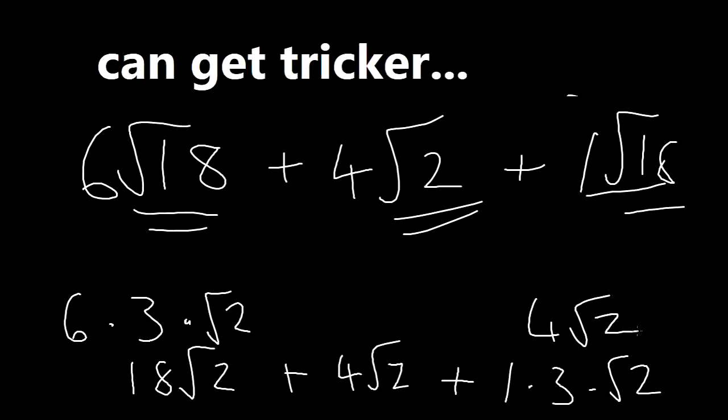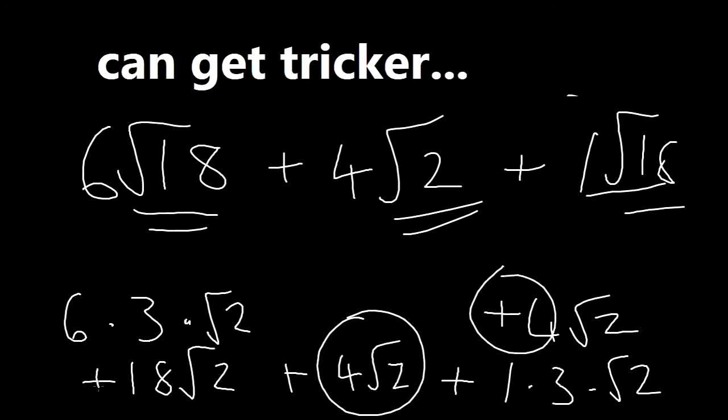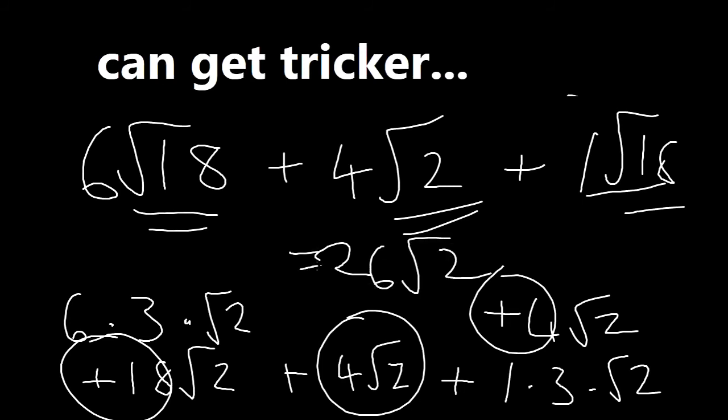If we take all of these together, 18 plus 4 plus 3 gives us our final answer, 25 root 2. So you've got to be careful of that trick.